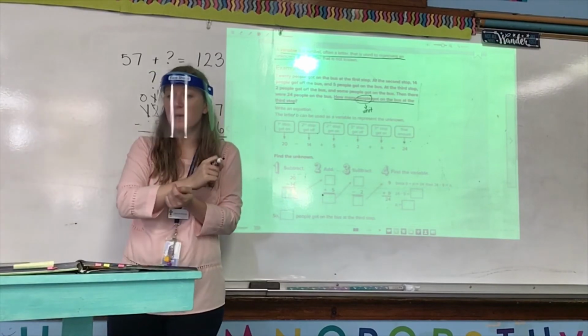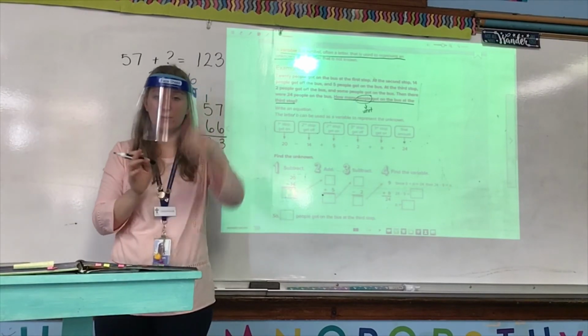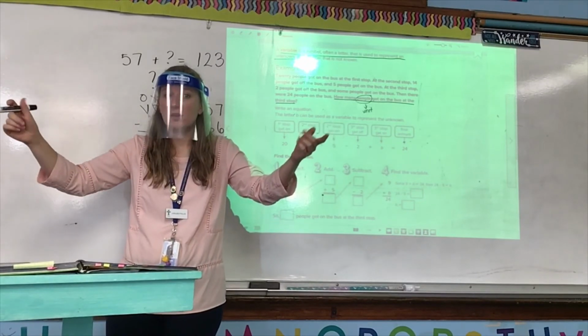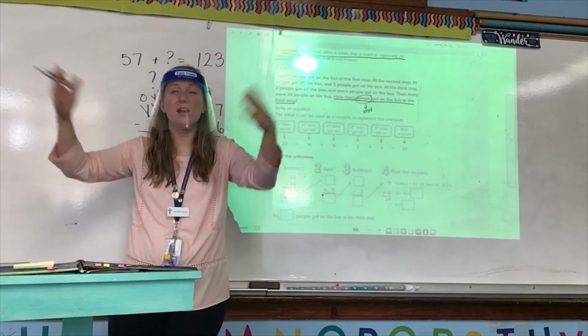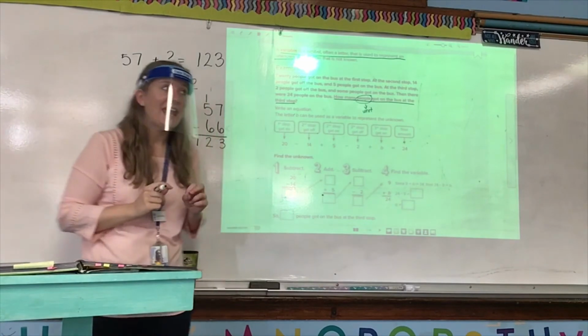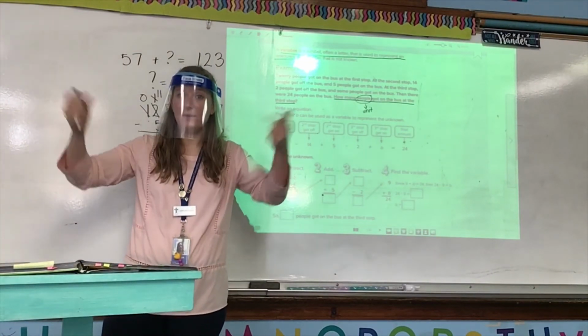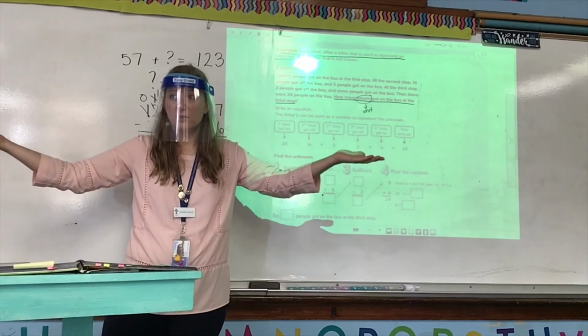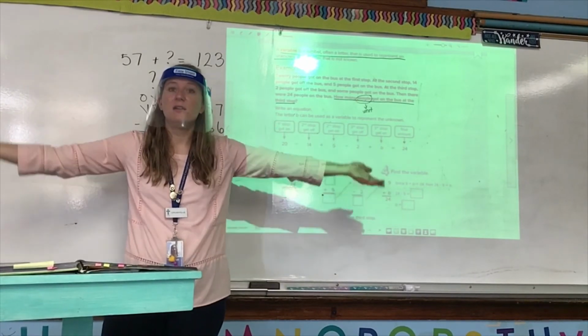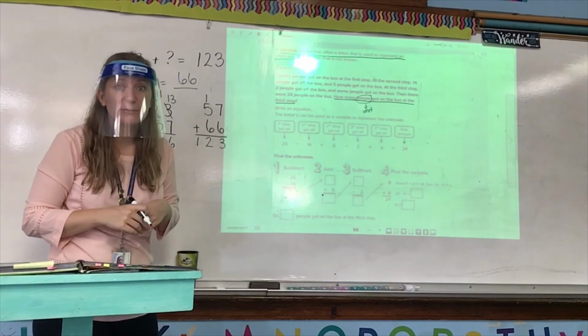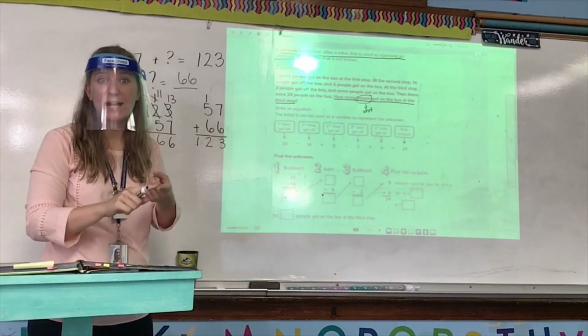If people get on a bus, is the number of people on a bus going up or going down? Class. Going up. So that means we are adding. If people get off a bus, is the number of people on the bus going up or going down? So that means we are subtracting. So, now we know. We're probably looking for words like got on or got off.